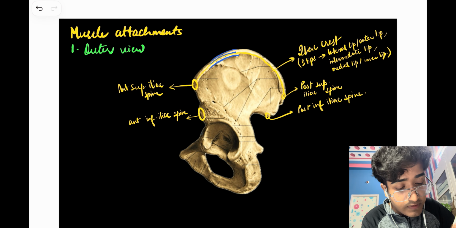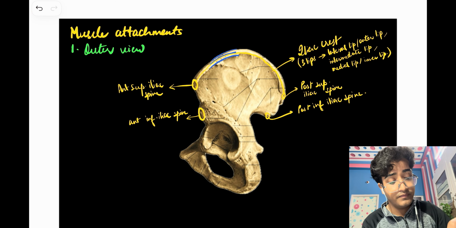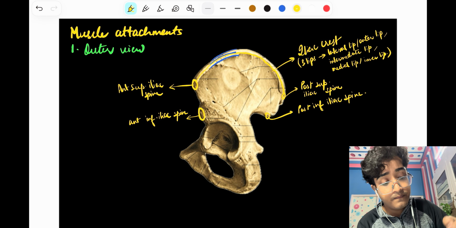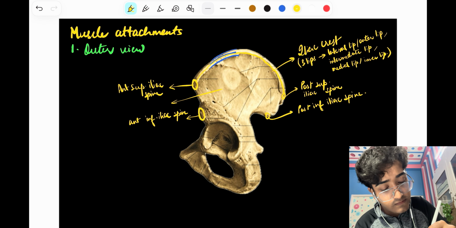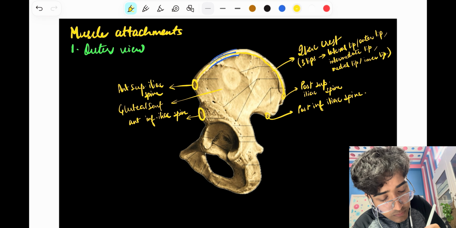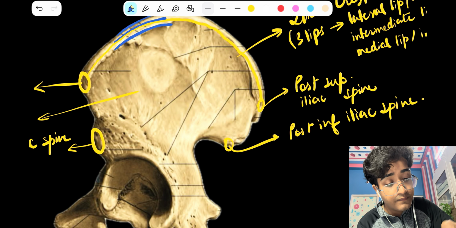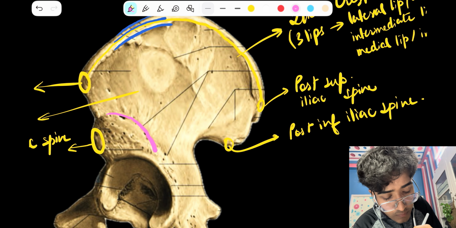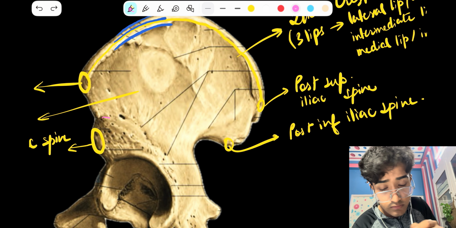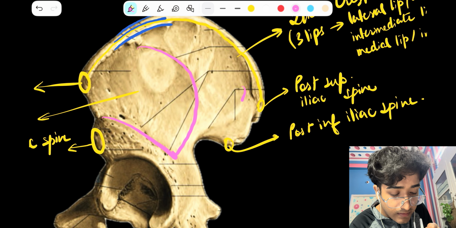This surface of the ilium is known as the gluteal surface, or the outer surface of the ilium. This gluteal surface has three lines: first line, second line, and third line.